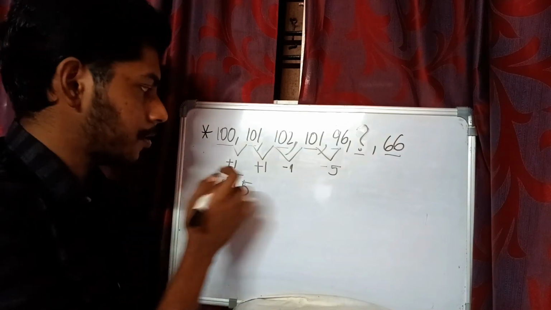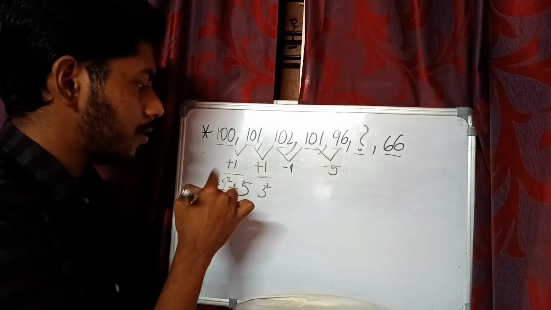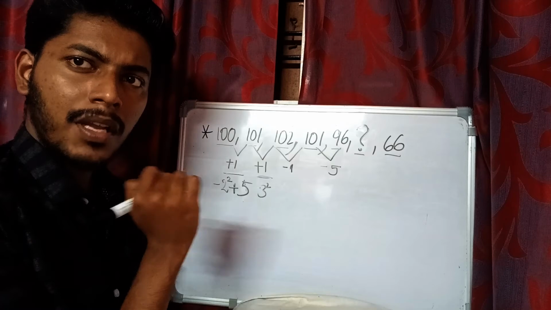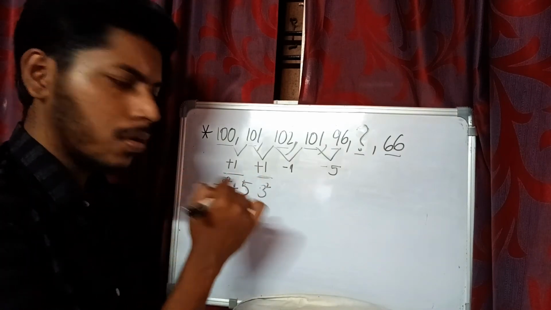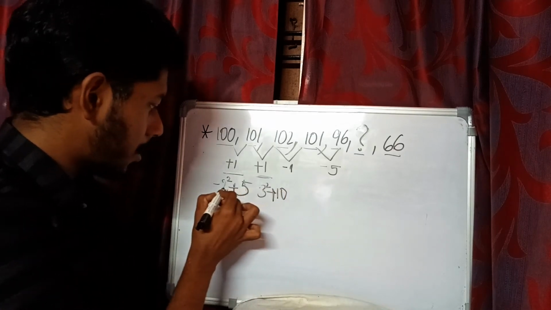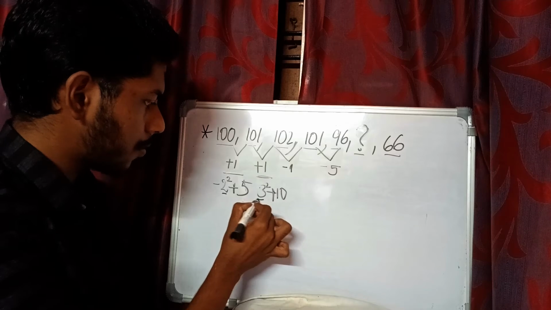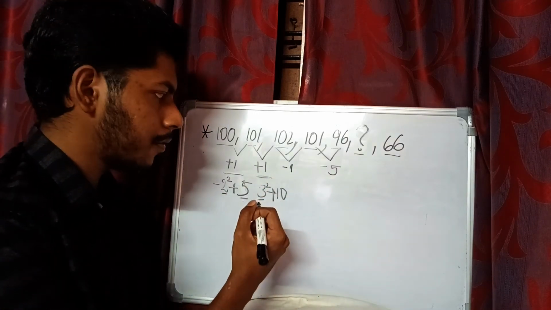Yeah, it's correct. Next one, minus 3 square. That's minus 9. For getting plus 1, what to do? Plus 10. So it's like a pattern. 2 square changes to 3 square, and 5 changes to 10, adding 5.